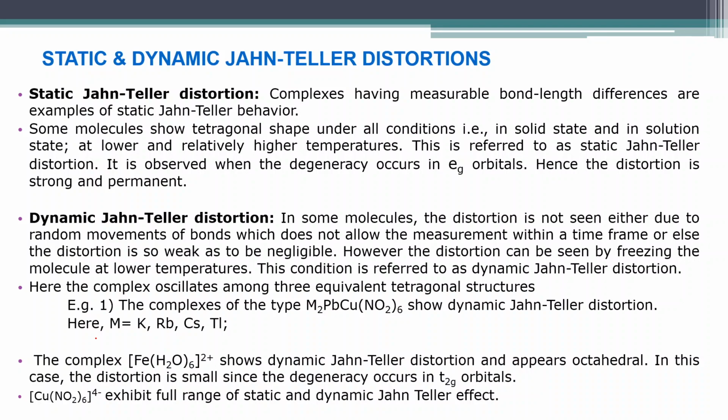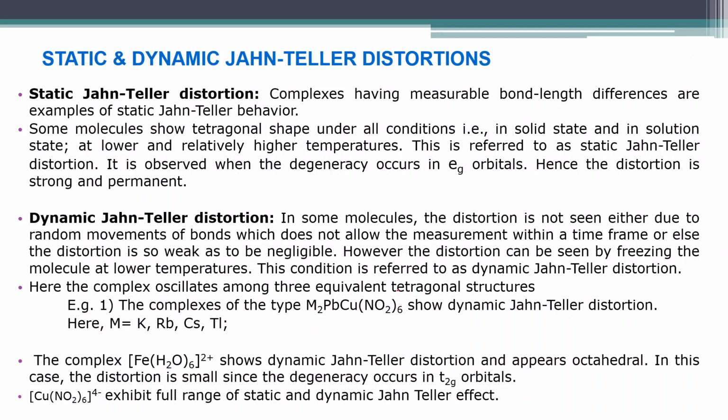Some molecules show tetragonal shape under all conditions, in the solid state or in solution, at lower or relatively higher temperatures. This is called static Jahn-Teller distortion, and it is observed where the degeneracy is in the eg orbitals. Hence, the distortion is strong and permanent.